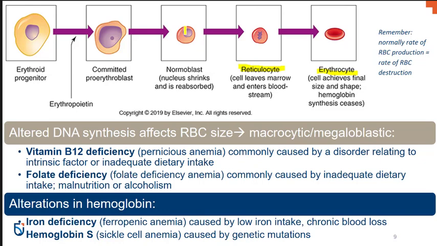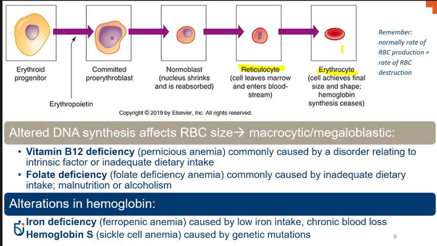It's lost its nucleus, as you can see, and now at this point it's going to achieve its final size and final shape and its maximum amount of hemoglobin content. And we know that red blood cells will circulate for about 120 days before they are considered old, and then certain organs in our body, such as the liver and the spleen, will phagocytose those red blood cells and break them down into their components and recycle what we need and get rid of what we don't.